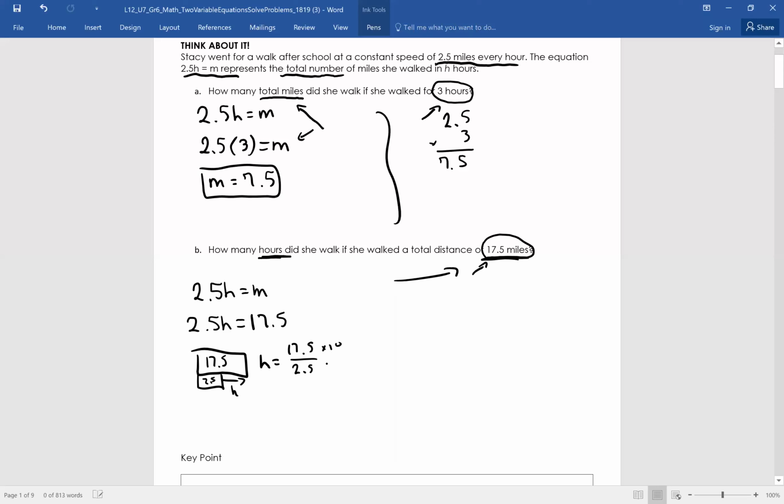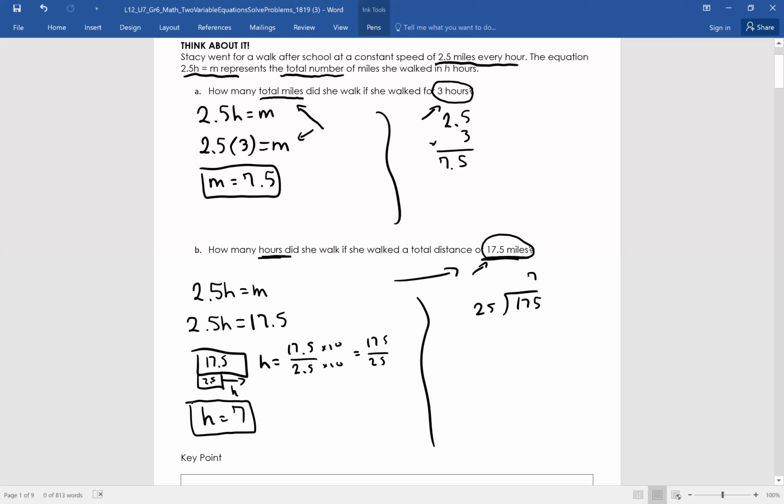We know to multiply by 10 over 10, 175 over 25, because we shift the digit. Side work, and 25 goes into 175 7 times. So we know that H is equal to 7.